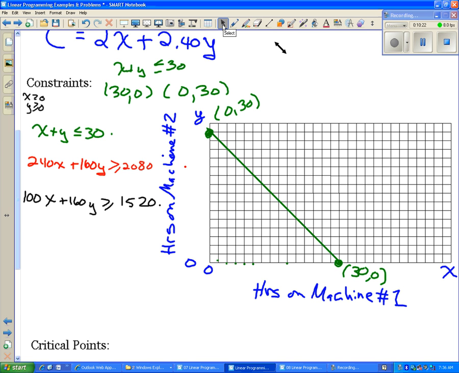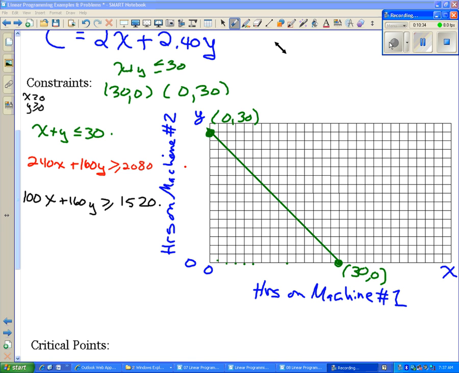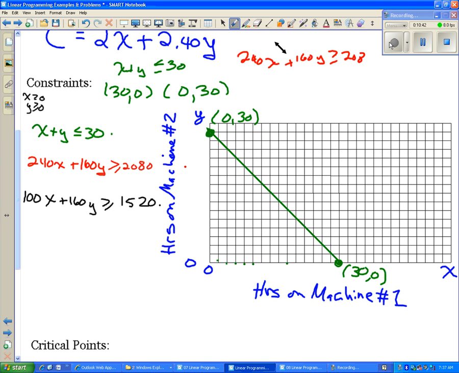My second constraint, let's go ahead and look at that. My second constraint is the equation 240x plus 160y is greater than or equal to 2080.